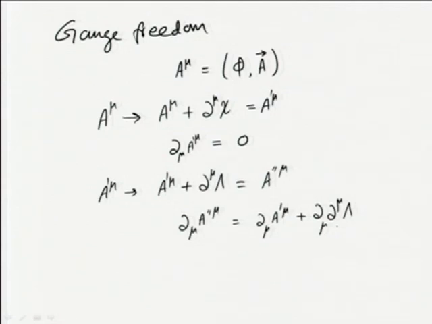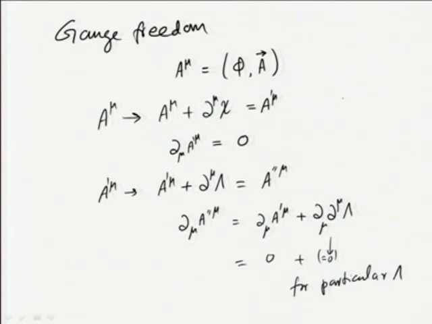So, this first term is equal to 0 and the second term can be made 0 if we choose lambda appropriately.